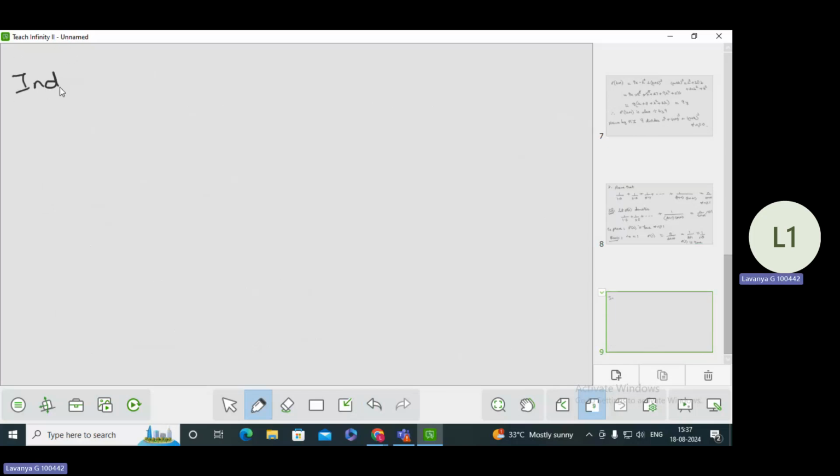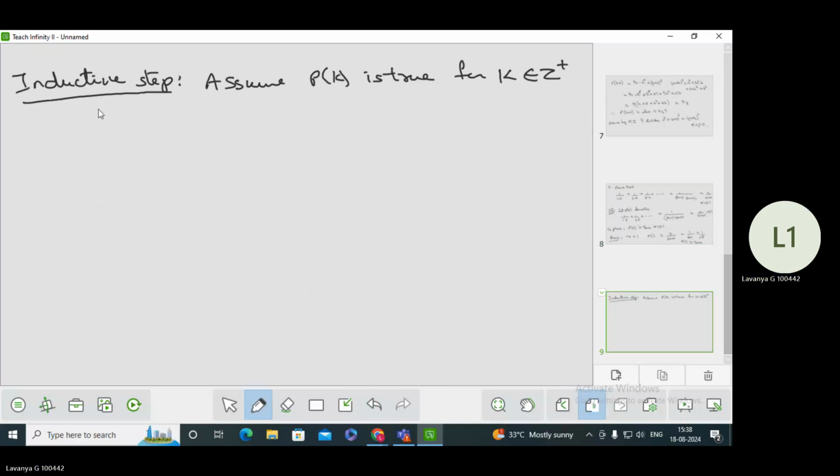We go to prove the inductive step. What is this inductive step? We will assume P of k is true for k belonging to the set of positive integers and prove P of k plus 1 is true.